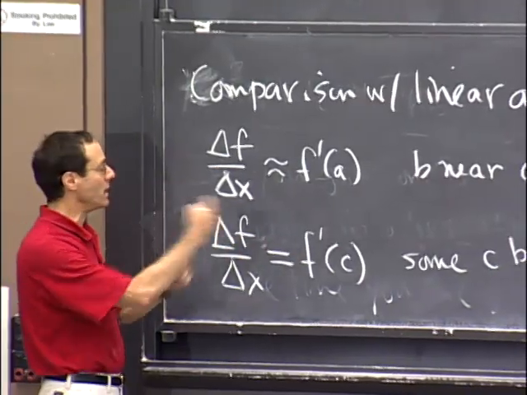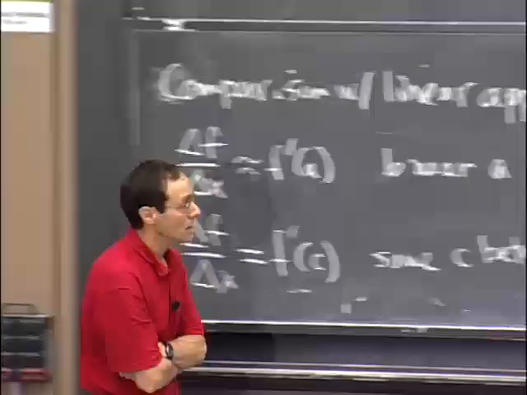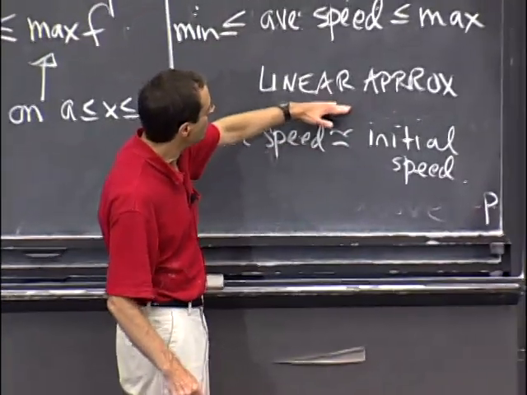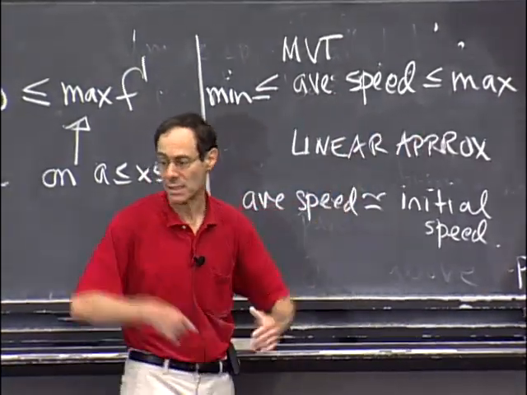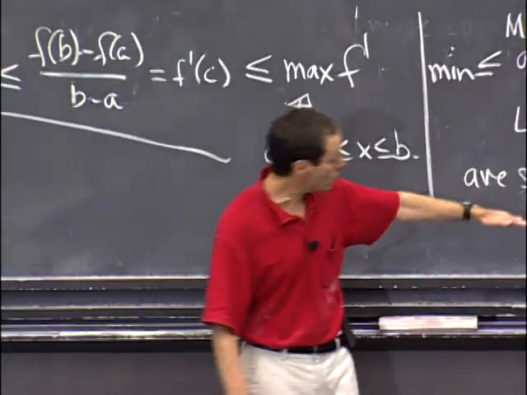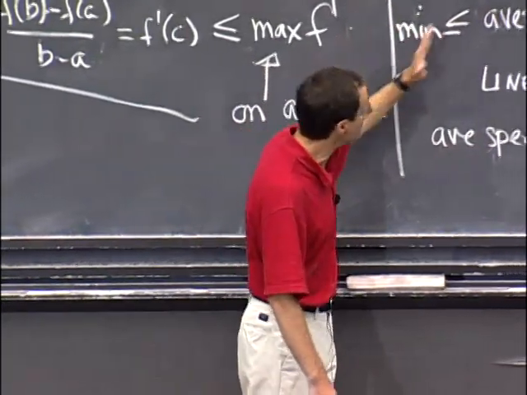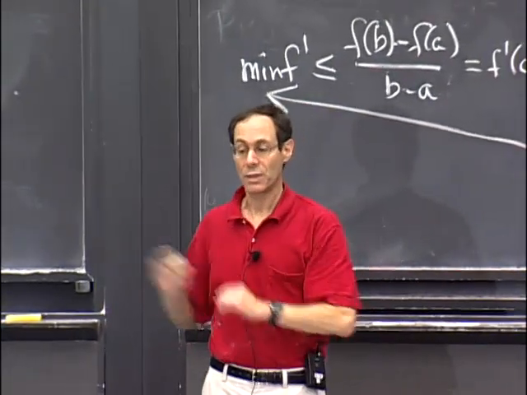If it happens to be the right endpoint, if the value of x is to the left, then it's the final speed. So you can see it's approximately right, because the speed, when you're on a short interval, shouldn't be varying very much. The max and the min should be pretty close together. So that's why the linear approximation is reasonable. And this is telling you absolutely it's no less than the min and no more than the max.